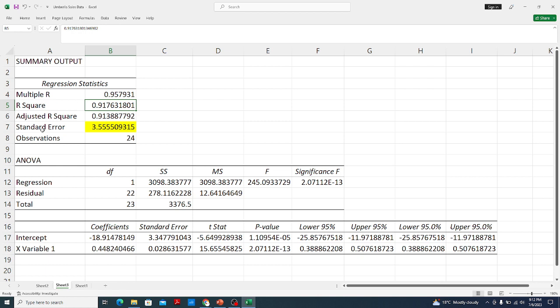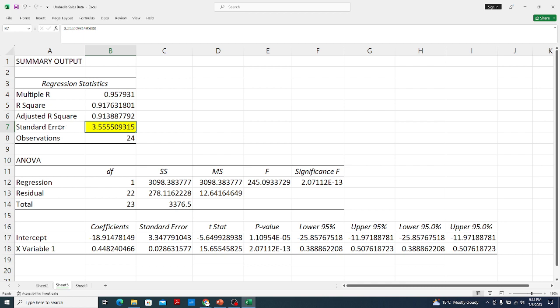Then we have the standard error. For standard error, you can see it's small. It's moving towards 1. Of course, at least it's not 10, it's not 15, but it's 3. The closer the standard error is to 0, the stronger your model.